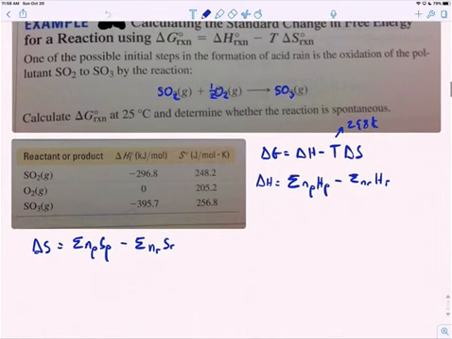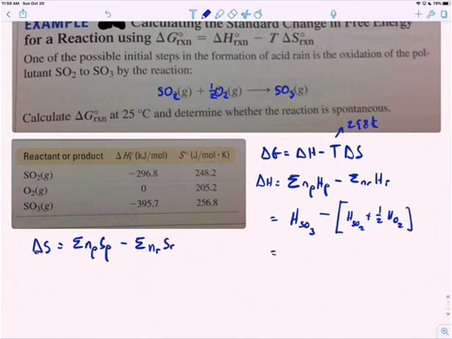I'll start with the delta H, which is the sum of the products. So it's going to be the H of SO3 minus the H of the reactants, H of SO2 plus 1/2 H of O2. Of course, H of O2 is 0. It's an element.